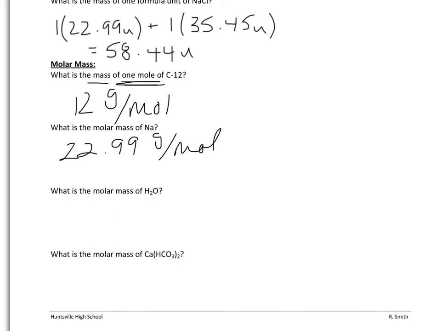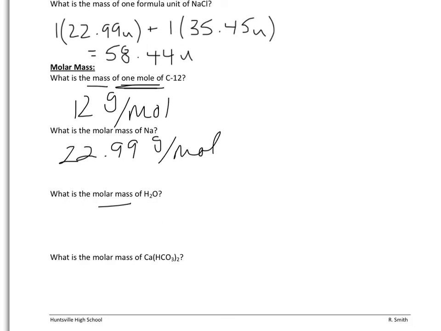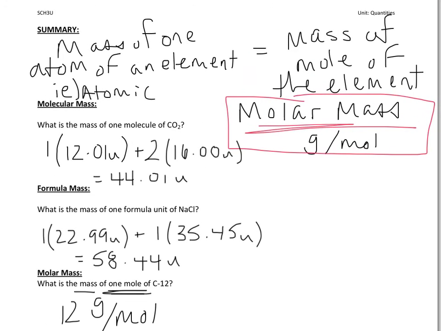Take a minute, don't yell it out. Find for yourself the molar mass of water. Did we add all together? Use the same process that I used from above, right up here. Use the exact same process I used right here.